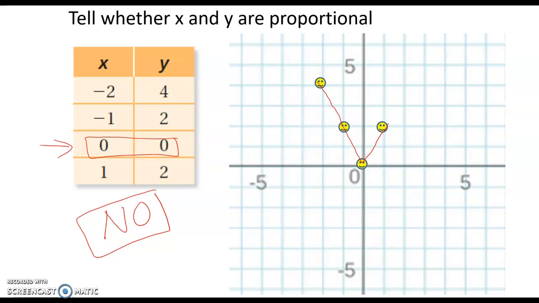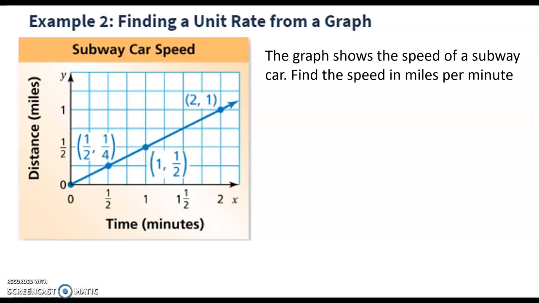All right. So let's look at the next page. So this graph shows the speed of a subway car. So we want to find the speed in miles per minute. So you're going to want to put the miles on top and the minutes on the bottom.